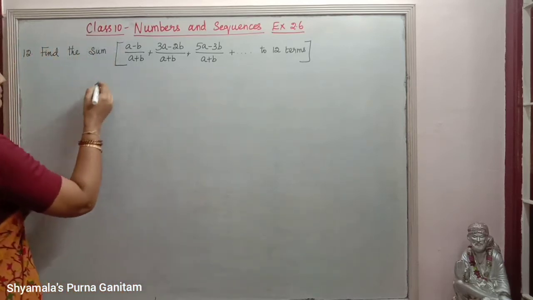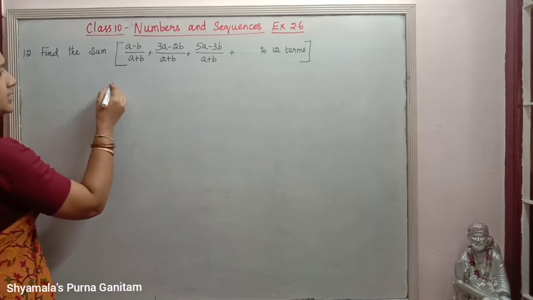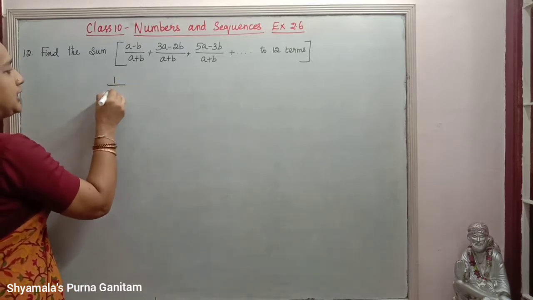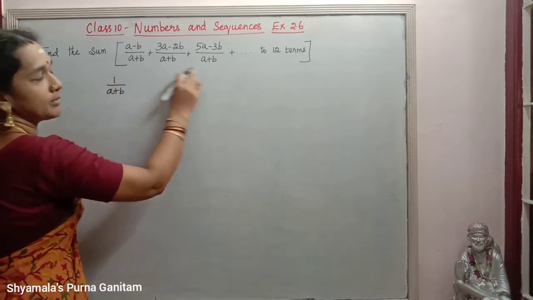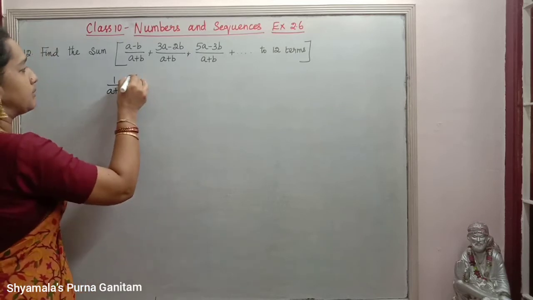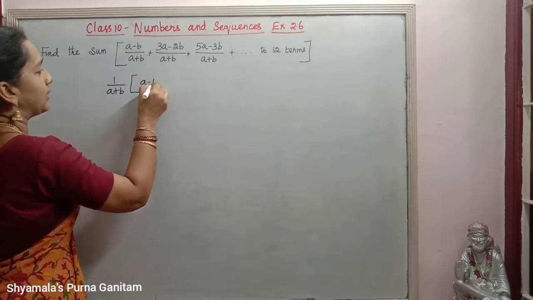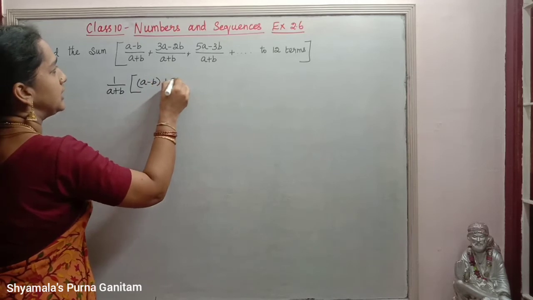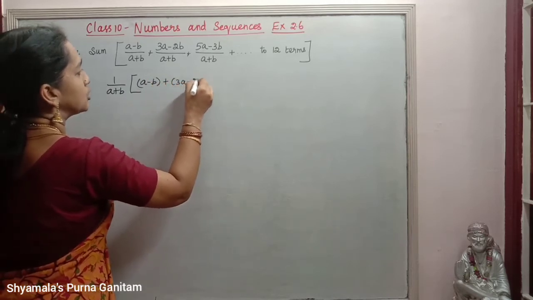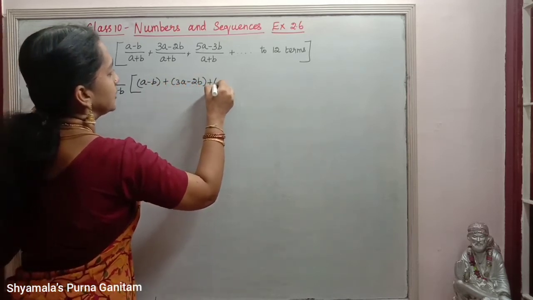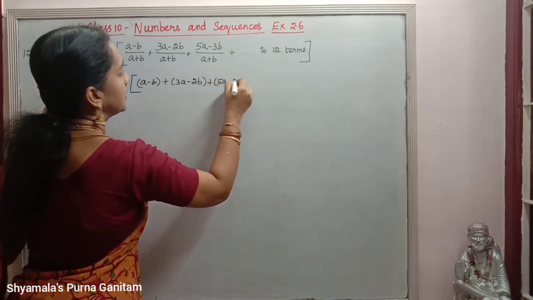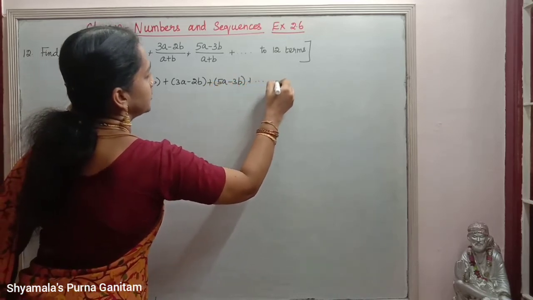So in this one, we can rewrite this as 1 by a plus b, which is common to all the terms. So 1 by a plus b we can take out, and the balance will be a minus b plus 3a minus 2b plus 5a minus 3b up to 12 terms.